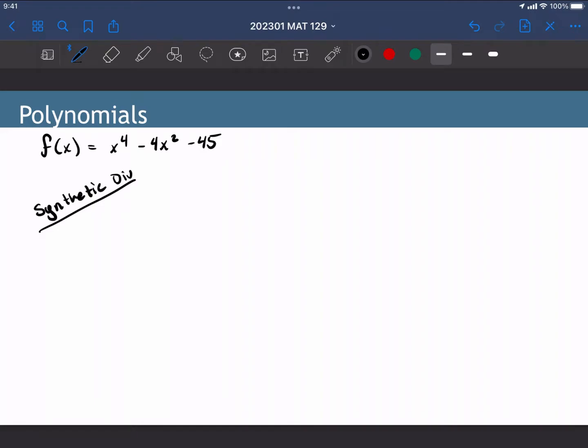So look at the coefficients: x to the fourth, x cubed, x squared, x, and then c for constant. My function has 1x to the fourth, 0x cubed, minus 4x squared, 0x, and a minus 45 for a constant.